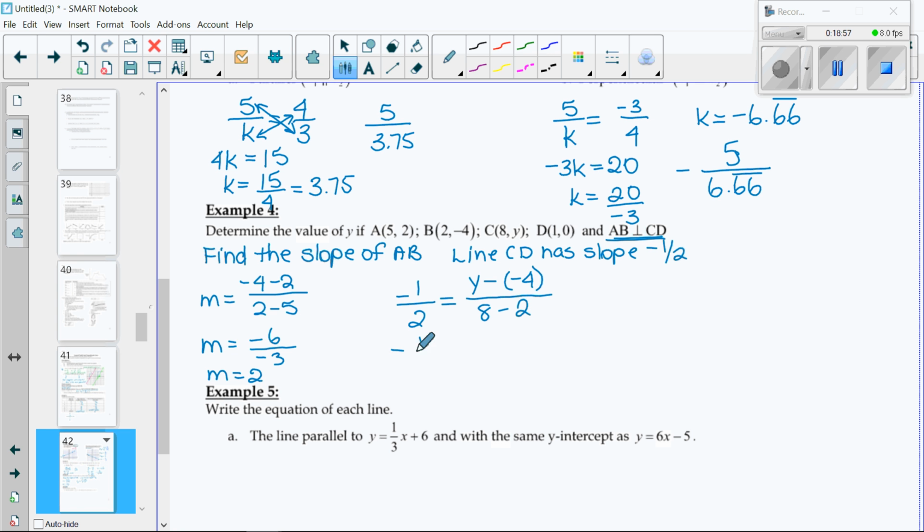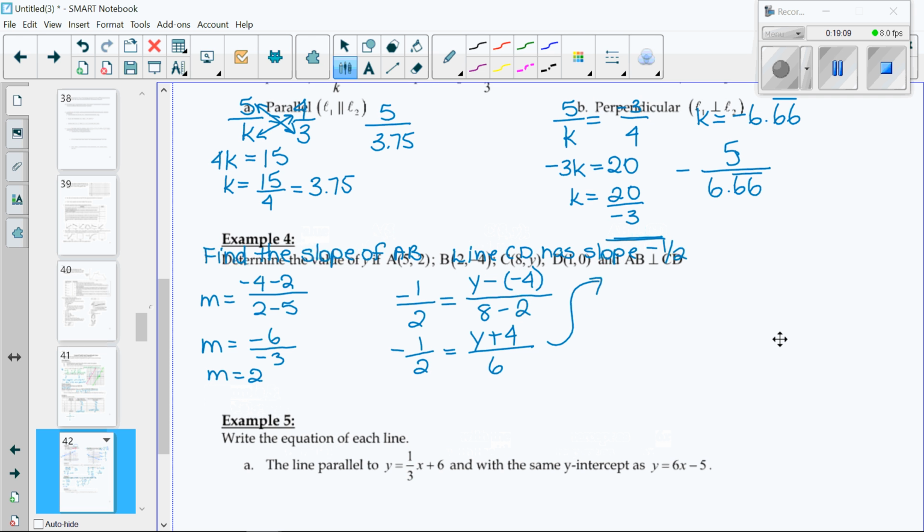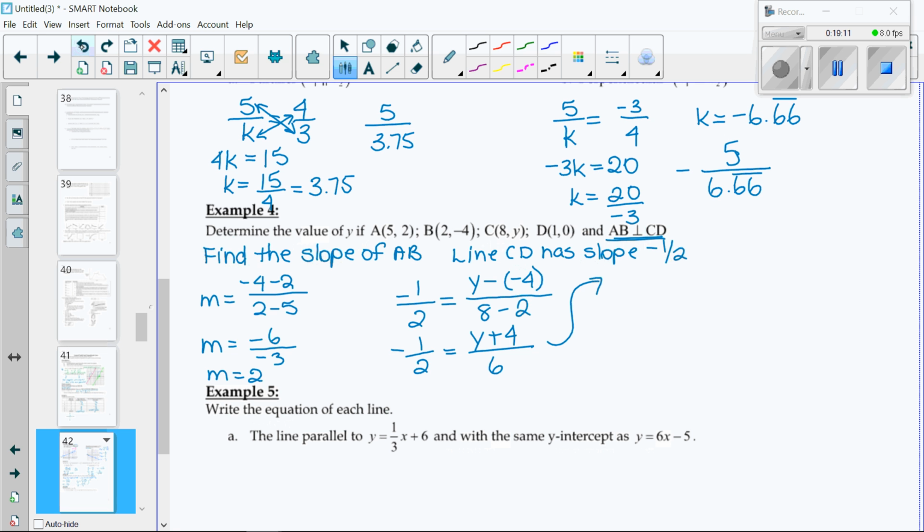So now I'm going to simplify, and I'm going to cross multiply. So I'm going to do that up here. So that's going to give me, I'm going to go 6 times negative 1, so that's negative 6. 2 times y plus 4.